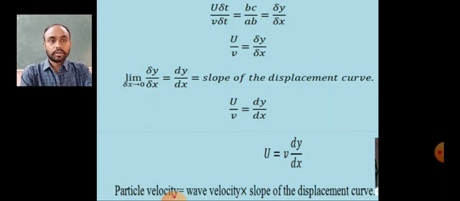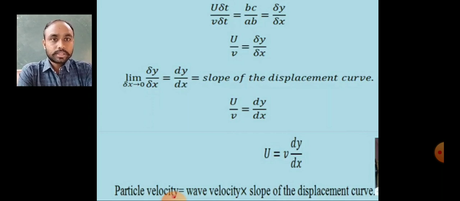Now, in words: the particle velocity is equal to the wave velocity, v, into dy by dx, which is simply the slope of the displacement curve. That means particle velocity is equal to wave velocity into slope of the displacement curve.